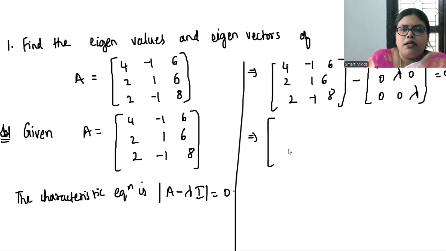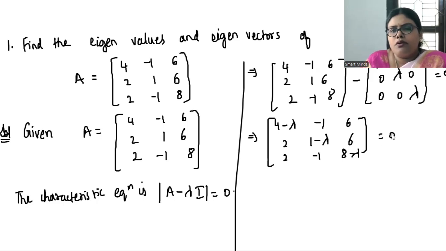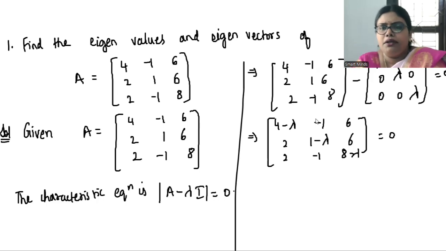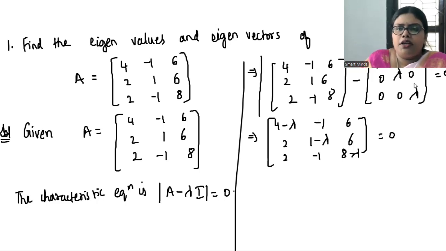Now subtract this: [4 minus lambda, -1, 6; 2, 1 minus lambda, 6; 2, -1, 8 minus lambda] is equal to 0. Now we need to expand the determinant. Here don't forget to put this determinant. So we need to find out the determinant of this matrix.